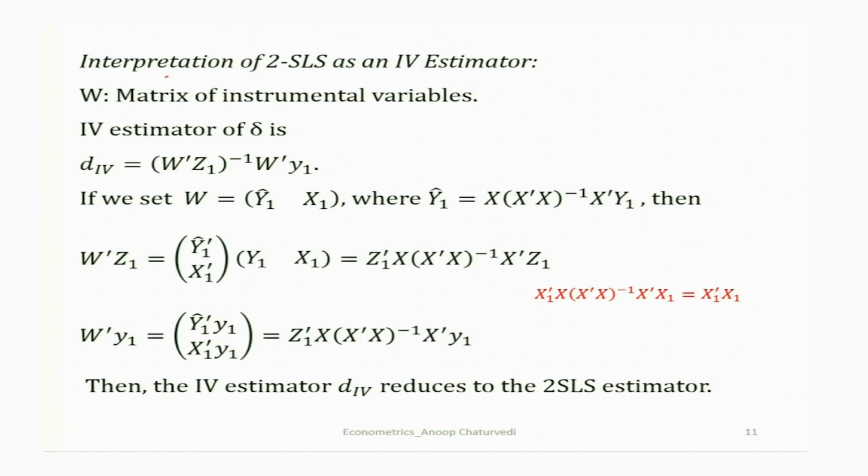Now, we consider the interpretation of the 2SLS estimator as an instrumental variable estimator. Suppose W is any matrix of instrumental variables. Then we define the instrumental variable estimator of delta as D_IV equal to (W transpose Z1) inverse W transpose y1.